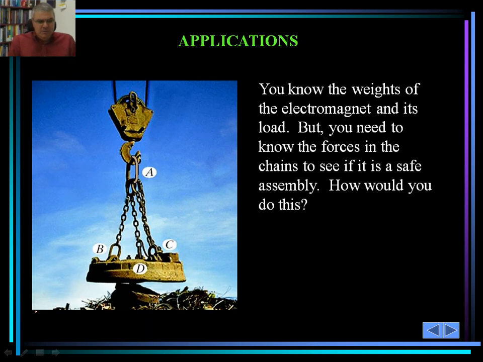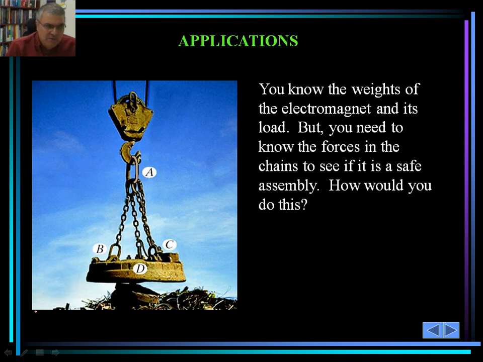Let's start with some applications. This is an example of an electromagnet. It is used in junkyard processing facilities, metal scrap facilities, and any type of facility where it can be used to remove large pieces of metal.